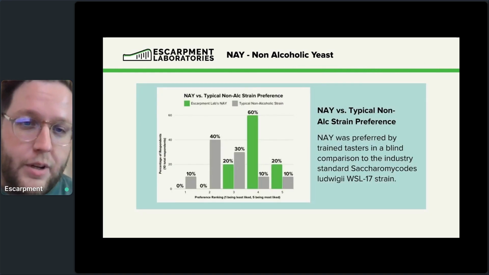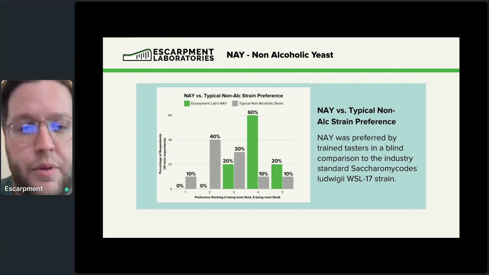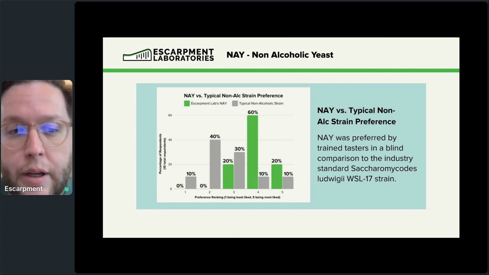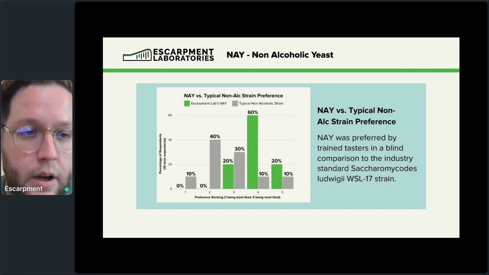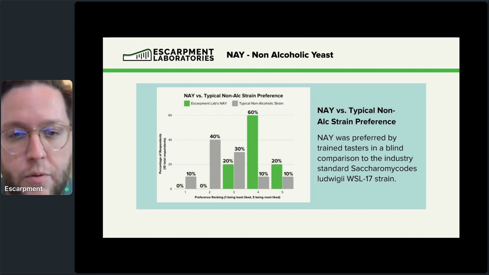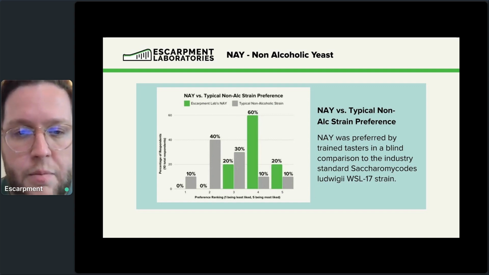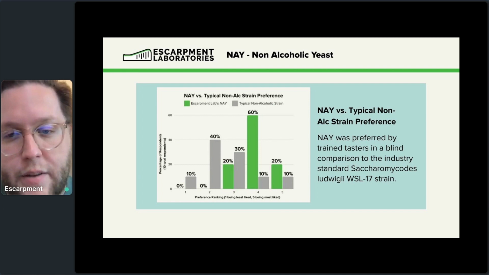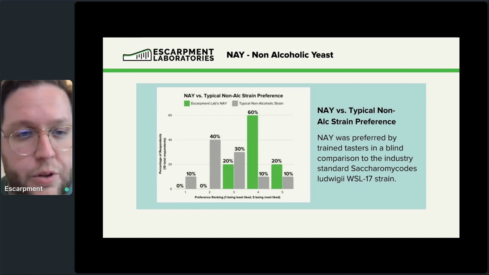To develop the strain, we did, in fact, compare it to some of the other options out there. A really common strain, especially for European non-alcoholic beers, is a strain called Saccharomyces ludwigii. So we wanted to compare it to that. That's kind of the industry standard for maltose negative yeast.